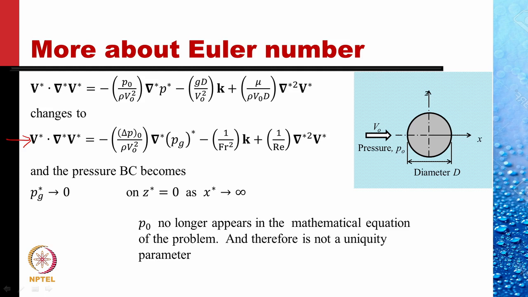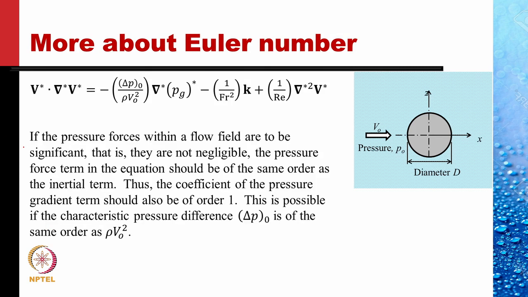P0 no longer appears in the mathematical equation of the problem and therefore is not a governing parameter. If the pressure forces within a flow field are to be significant, that is, not negligible, the pressure gradient term in this equation should be of the same order as the inertial term. So, this term must be of the same order as this term.